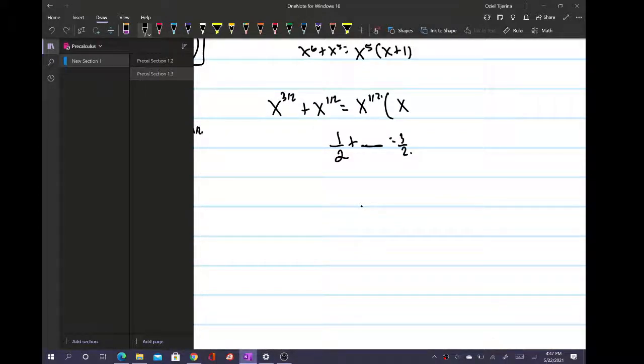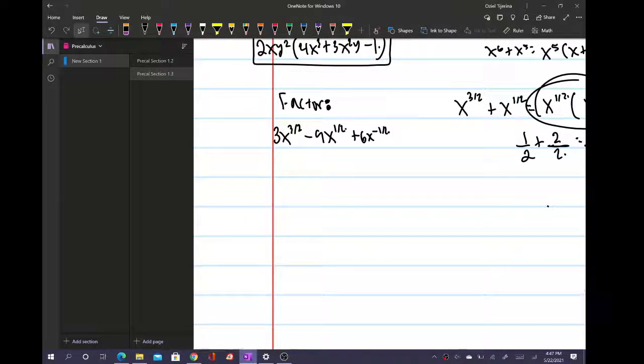Well, that's just 2/2, or 1, right? So it would be x to the 1/2 times x plus 1, right? So that's what we're doing here, except here we can factor out a 3, if you think about it.